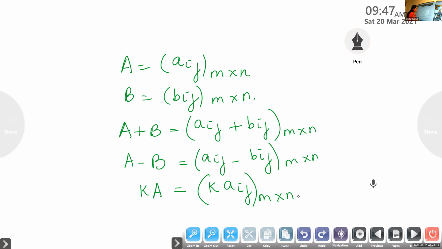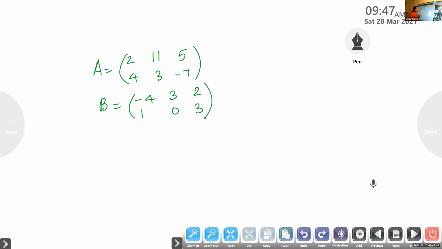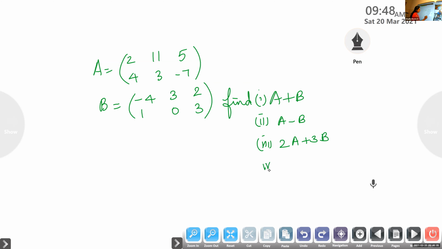If A is equal to the matrix 2, 11, 5, 4, 3, minus 7, and B is equal to the matrix minus 4, 3, 2, 1, 0, 3, find A plus B, second A minus B, third 2A plus 3B, fourth A minus 2B.